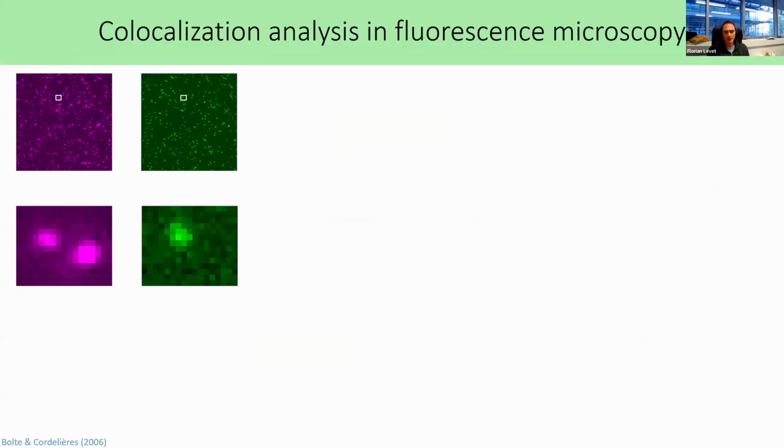So after all this work on the segmentation, we began to be interested in colocalization analysis. So really trying to find correlation between the organization of the proteins in two colors. And if you are going to conventional fluorescence microscopy, here you can see two colors with the magnification of the same region here.